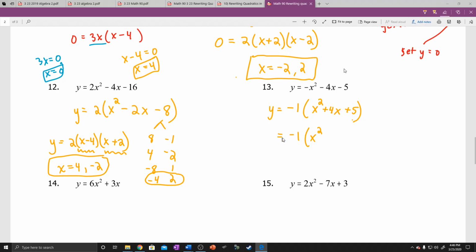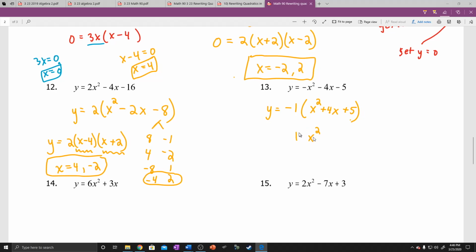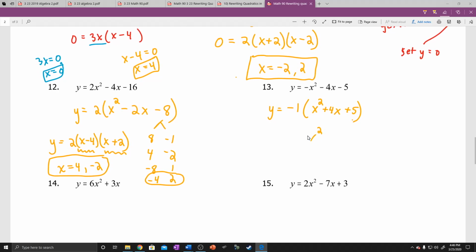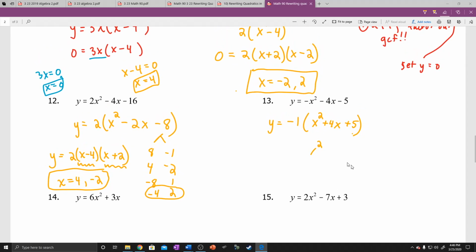You can think about it, but the only factors of 5 are 5 and 1 and negative 5 and negative 1. Neither, because 5 is prime, and neither one of those is going to add up to 4.